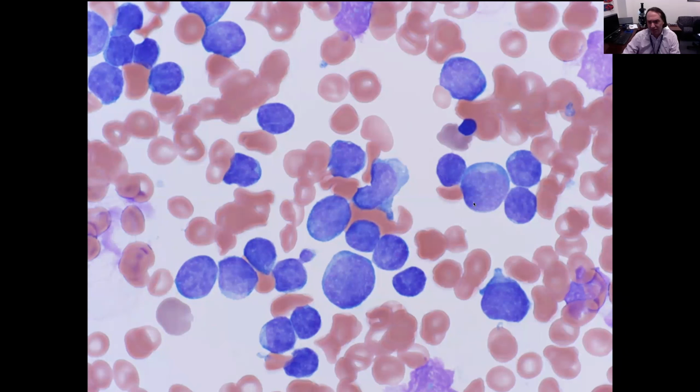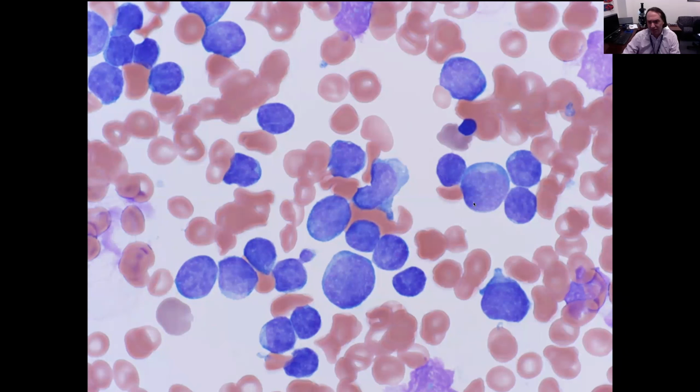It's typical that one gains chromosomes 4, 10, 14, 17, 21, and chromosome X, whereas the so-called good prognostic trisomies were 4, 10, and 17, and now we regard chromosomes 4 and 10 as having a particularly good prognosis.